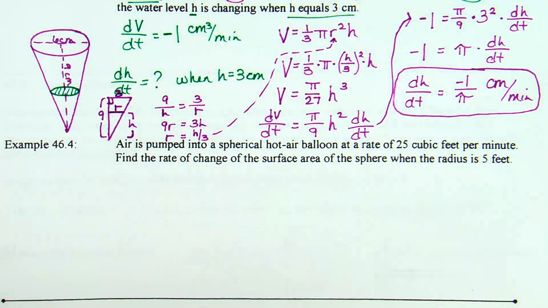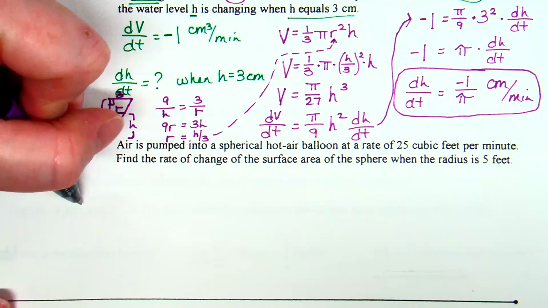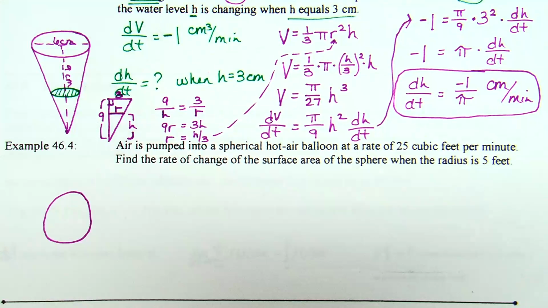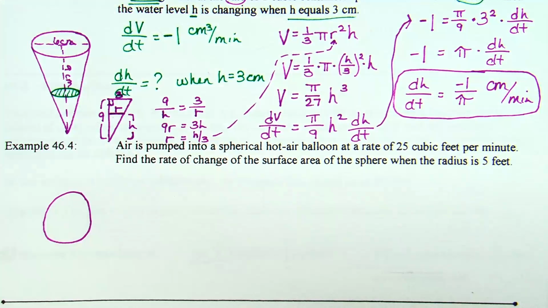So my shape that I'm drawing a picture of is a sphere, which, okay, I don't draw spheres, so I'll draw a circle. If air is pumped into this balloon at 25 cubic feet per minute, what is changing?